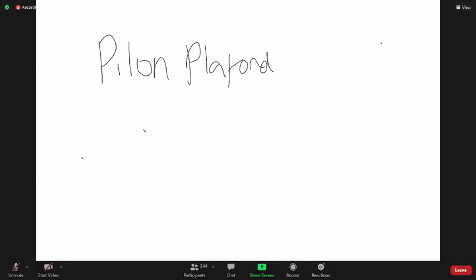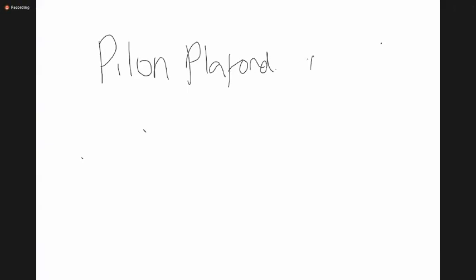Number 2, I want to talk about pylon fractures. Pylon fractures are a totally different animal. Pylon fractures, or plafond fractures, are fractures near the ankle, but they mainly involve the distal tibia. So for example, you have the tibia there, and the fibula there.